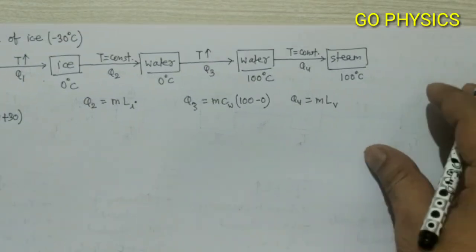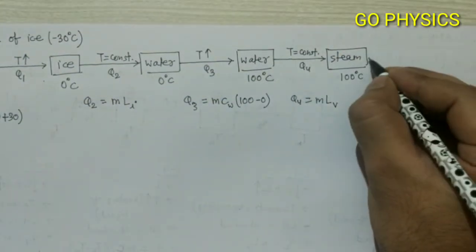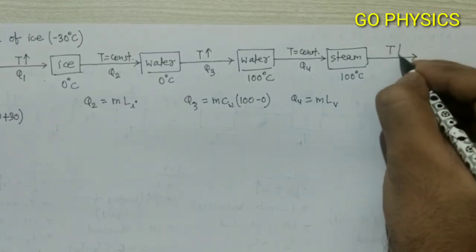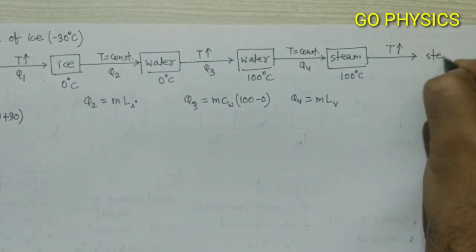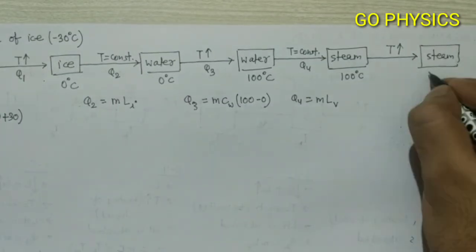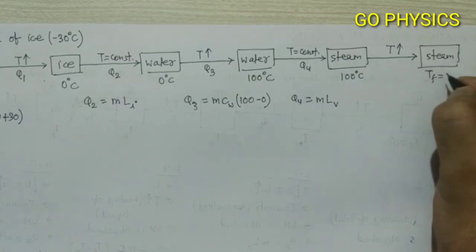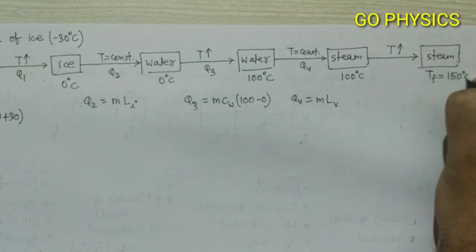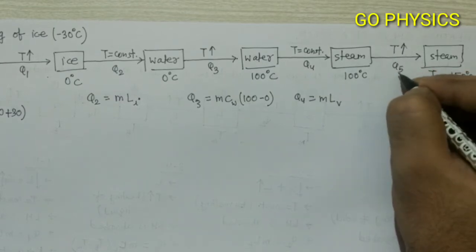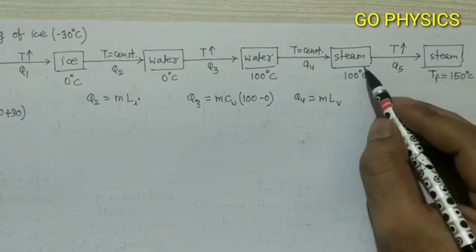Now since heat is continuously supplied in the system, now what will happen? Temperature of the steam will now keep on rising to some final temperature. Let us suppose this final temperature is 150 degrees Celsius.